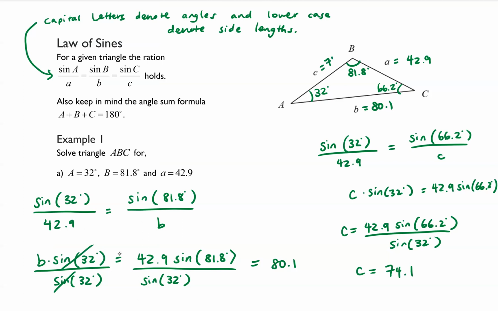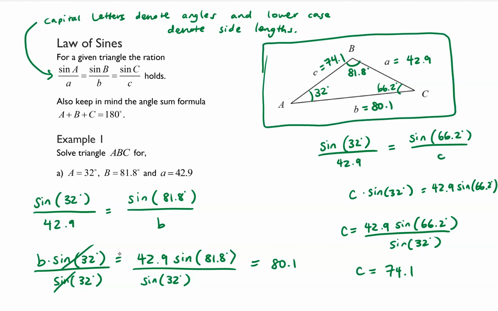So I'm going to put 74.1. Now, it's nice that I have this triangle here, and so I have written out all the angle values and all of the side lengths. So those are my final answer, and I have solved the triangle ABC.